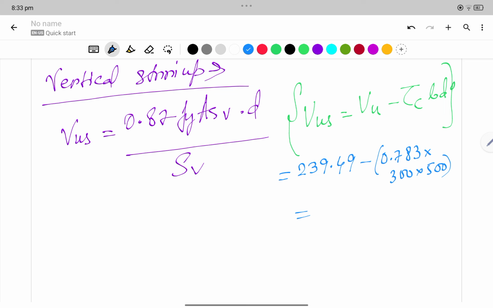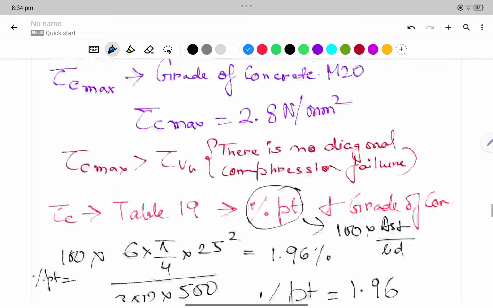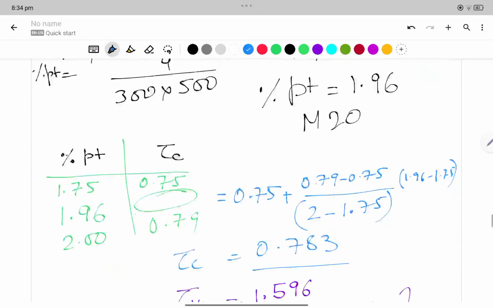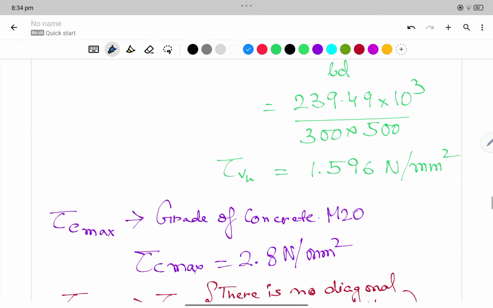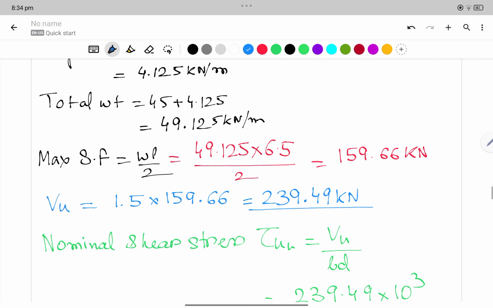So we will calculate it with 0.783 into 300 into 500. Wait 1 minute. See here, it was kilonewton.